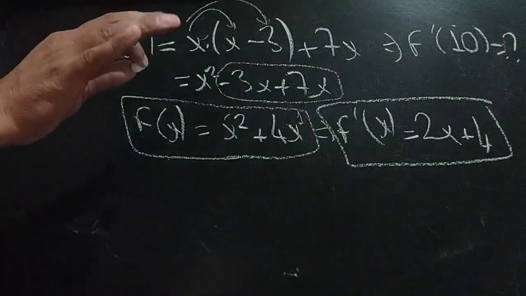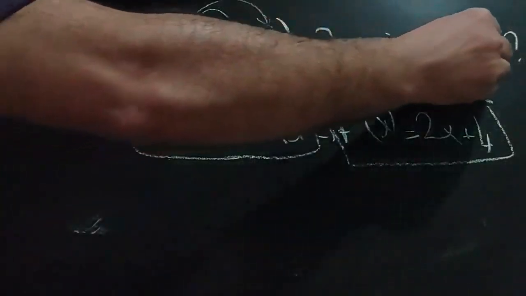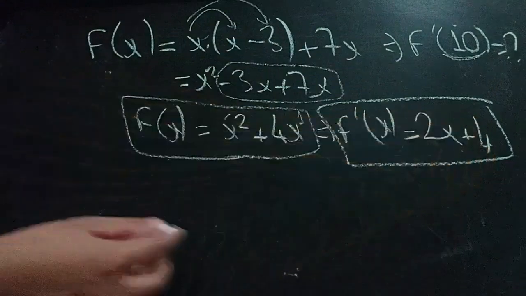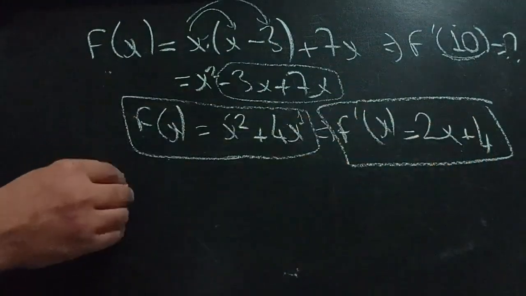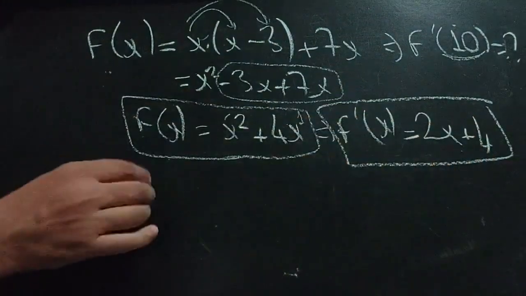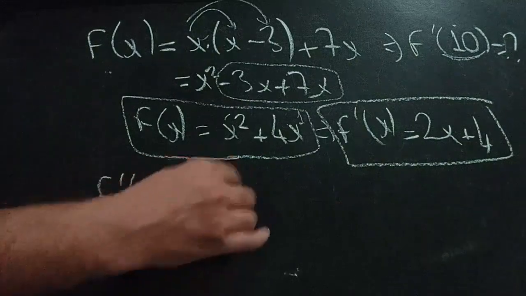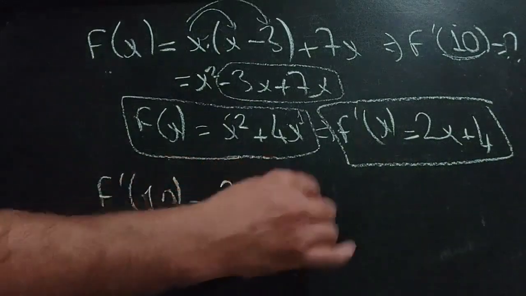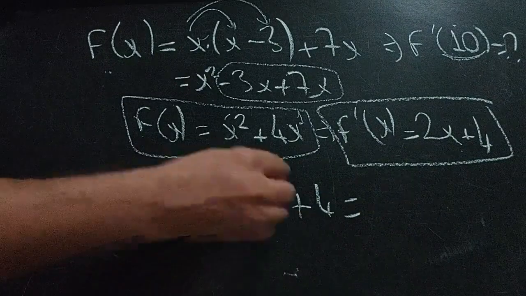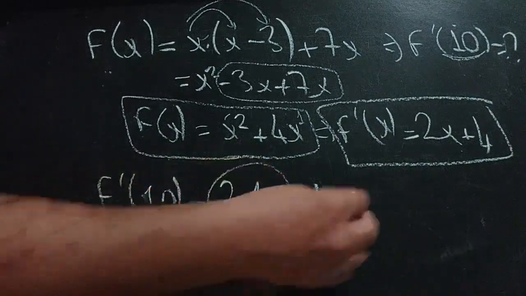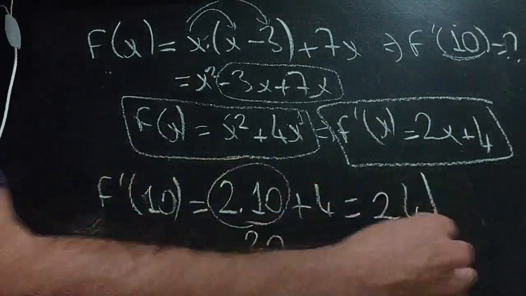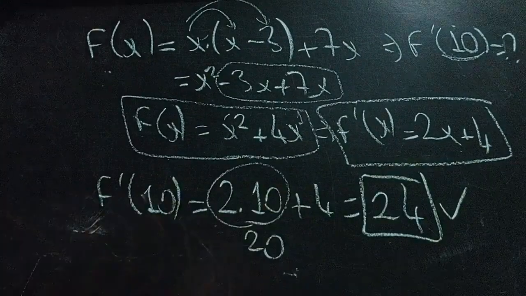You won't leave it like this, of course, because the question is asking you to put 10 instead of x, so f'(10) equals 2 times 10 plus 4. So that will be 20 plus 4, 24. That will be your final answer.